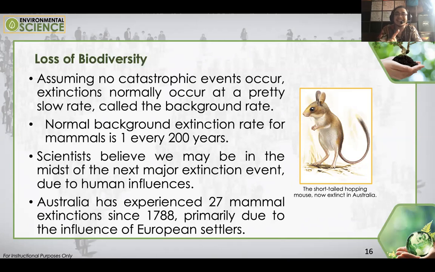And in 2019, just last year, in 1 year, two species went extinct: the blue macaw and the white rhino. So these two species were extinct in just 1 year.